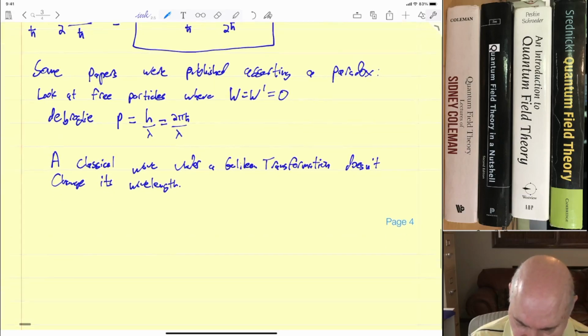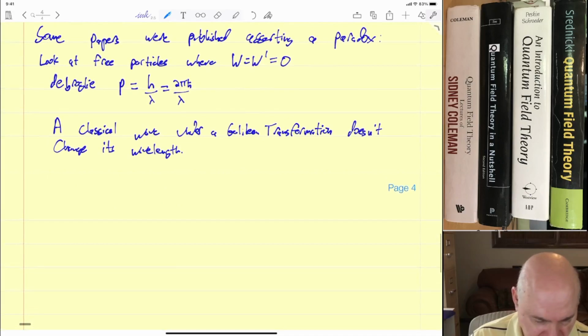And you can see this, there's several ways to understand this. One way is, imagine you're in a plane flying over the ocean.